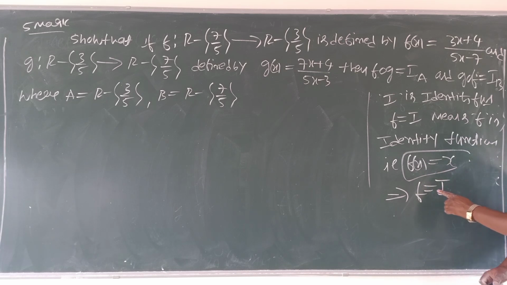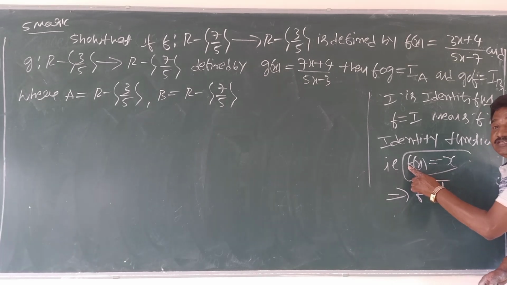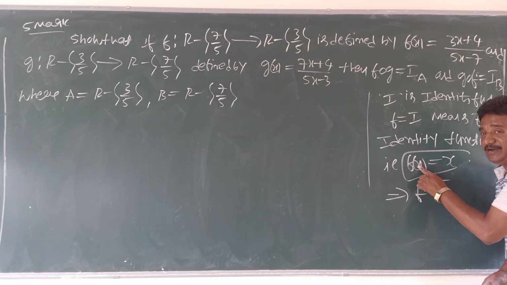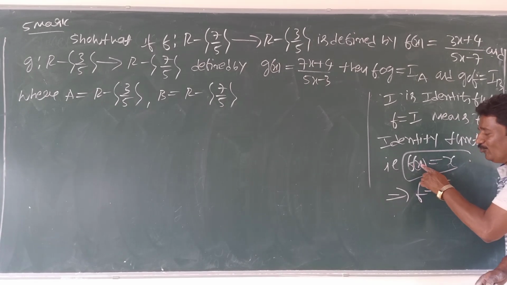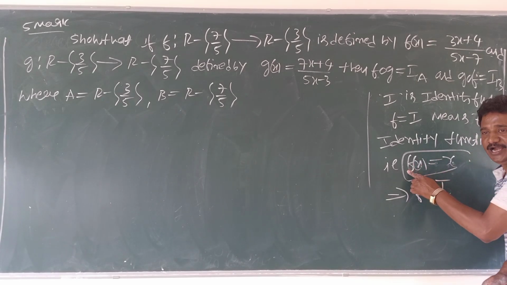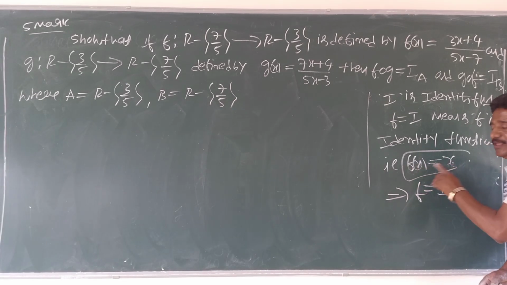Identity function means a function which relates every element of the set with itself. Put S is equal to {1, 2, 3}. f relates 1 with 1, f relates 2 with 2, f relates 3 with 3.